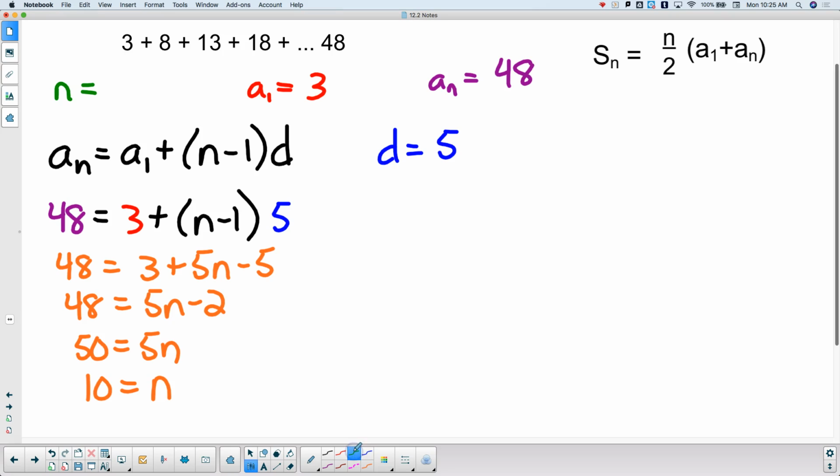So there are 10 terms in this series. Once I have those 3 pieces of information, now I can go over here and I can say that the sum of the first 10 terms is going to be 10 divided by 2 times 3 plus 48.